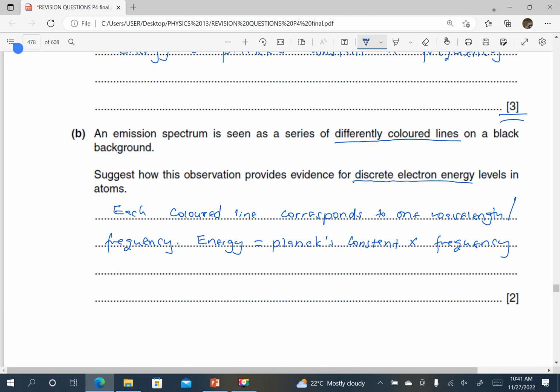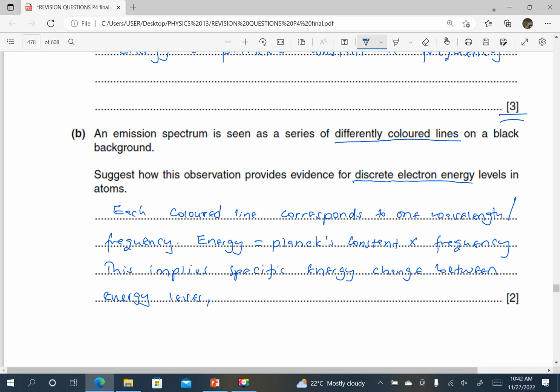This implies specific energy change between energy levels.